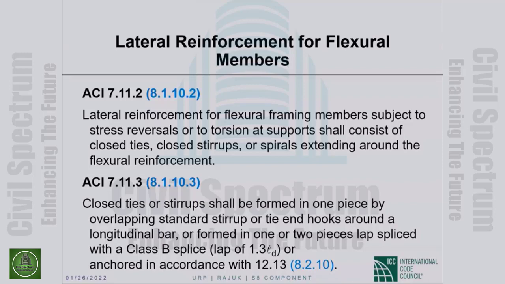If a bar can go into tension and compression because of seismic excitation typically, then we also need closed transverse reinforcement. In seismic construction, we use hoops, not the stirrups. Okay. Closed ties or stirrups shall be formed in one piece by overlapping standard stirrup or tie end hooks around.